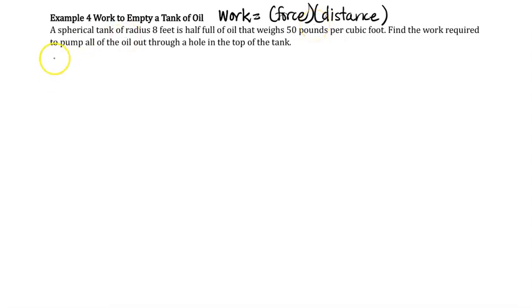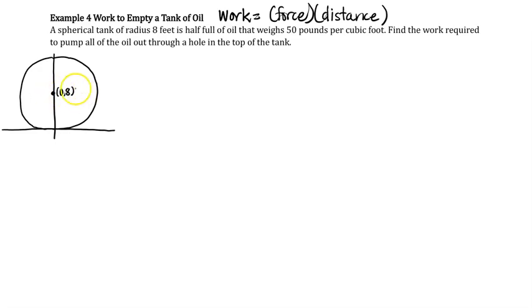To help us set this up, I'm going to first sketch a picture. I have a circle here that I'm going to center at (0, 8), and I'm going to give it a radius of 8. So I have this circle, this sphere, sitting on the top half of the XY plane. It's half full of oil, so from here down, we have oil in this sphere.